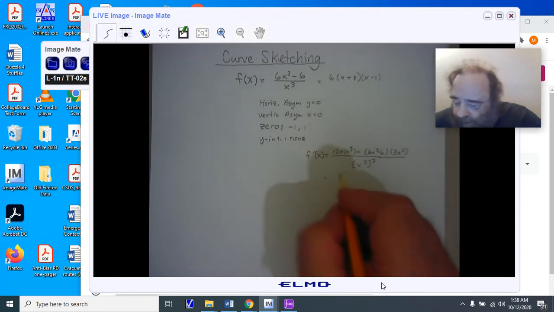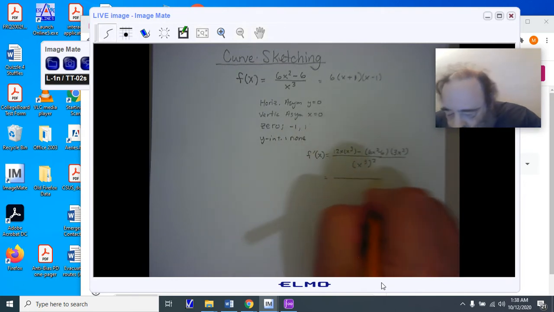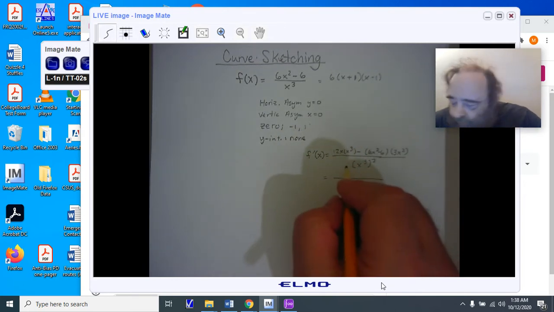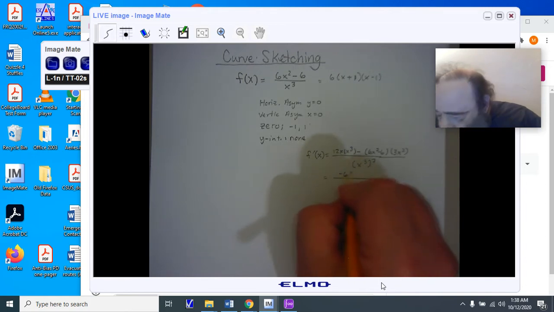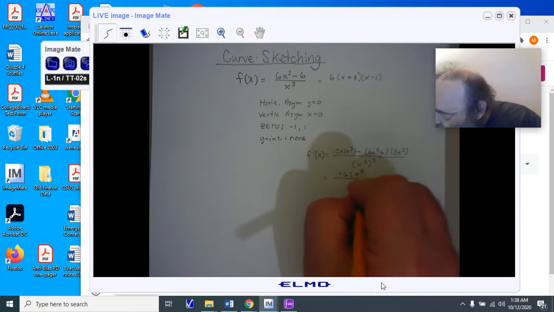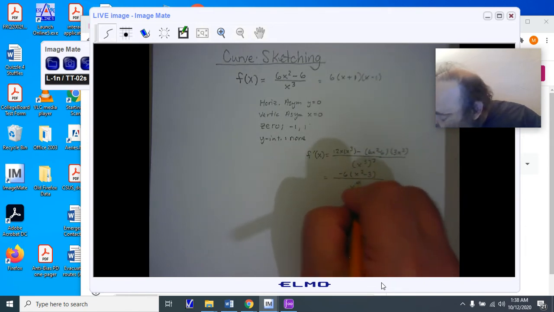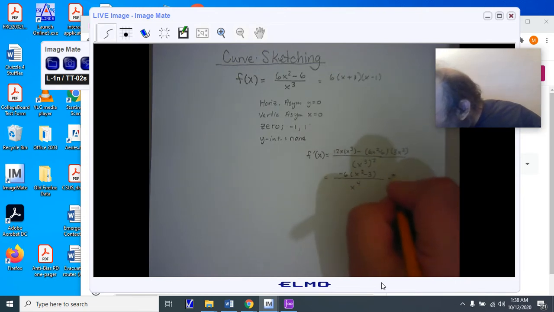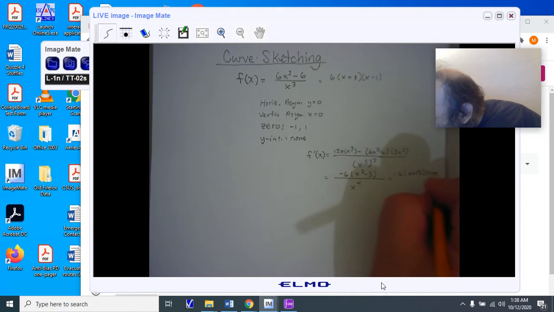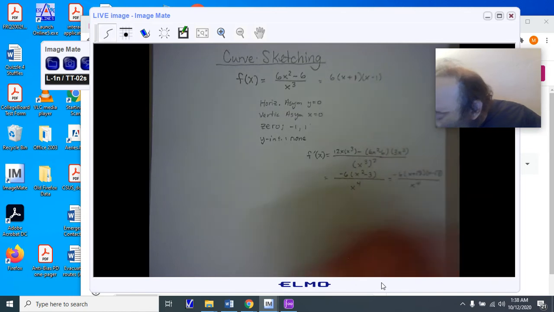Now, when we simplify this, we do end up getting -6 times x squared minus 3, and this is all over x to the 4th. And this can then factor into -6, x plus root 3, and x minus root 3. This is still all over x to the 4th.